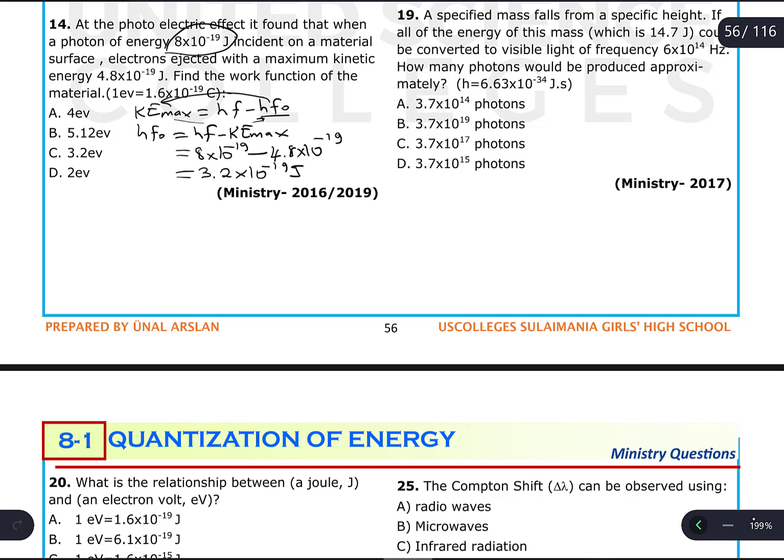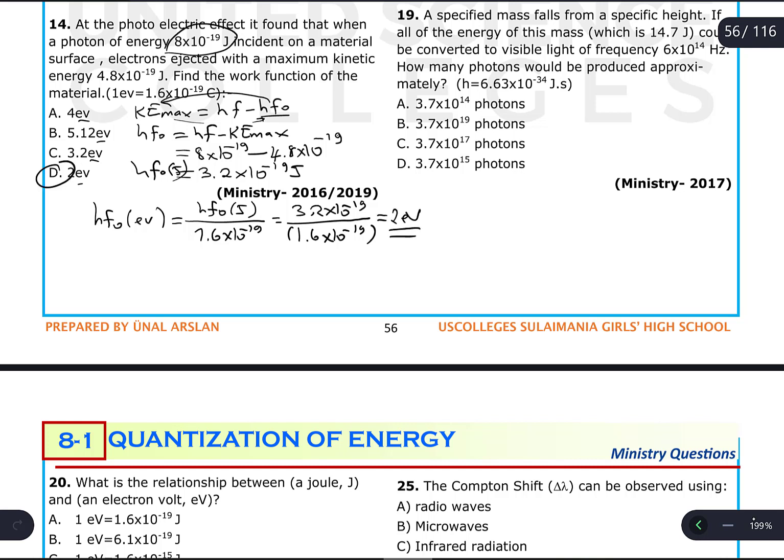This is the work function in joule, but the answers are given in electron volt, so I have to convert joule to electron volt. Work function in electron volt is the work function in joule divided by 1.6 times 10 to the power of negative 19. So 3.2 times 10 to the power of negative 19 divided by 1.6 times 10 to the power of negative 19. The result is 2 electron volts. So this is the correct answer.